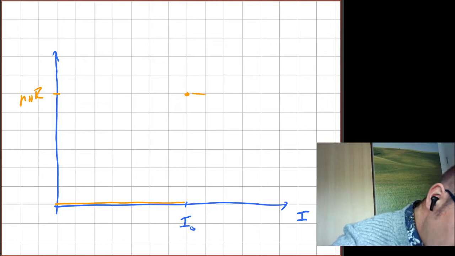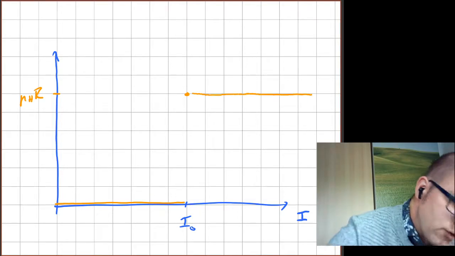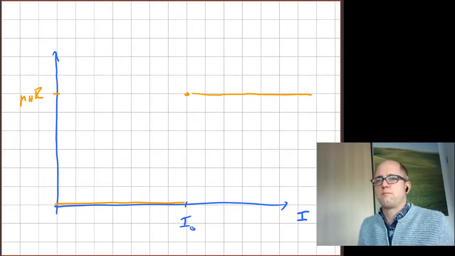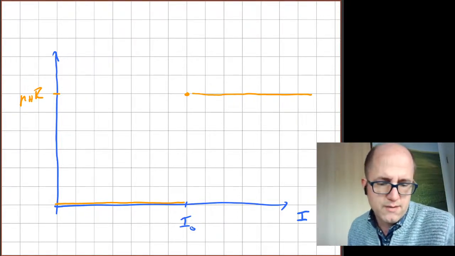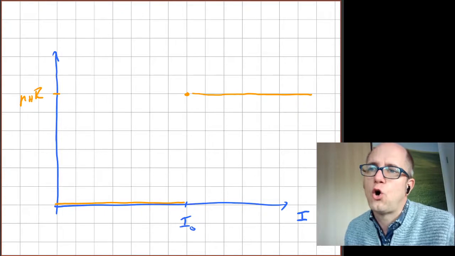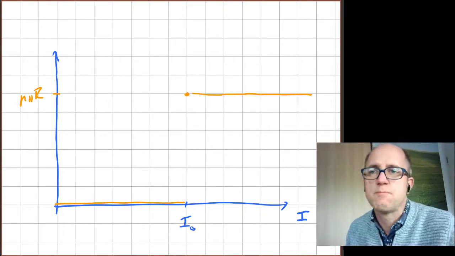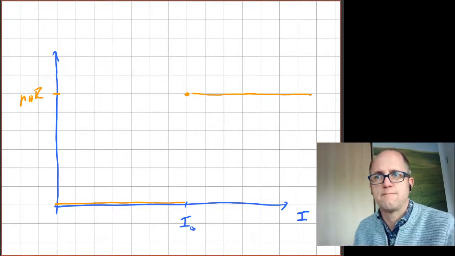And if you invest more than that, you don't get any more. You can put more money into the project, but it doesn't help you. So this would be the return structure of the project depending on the investment size I.